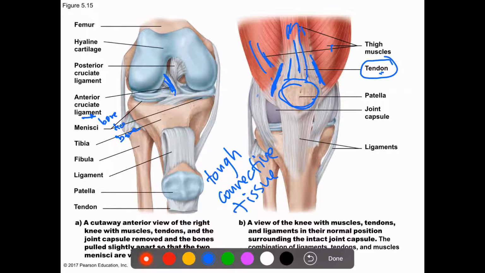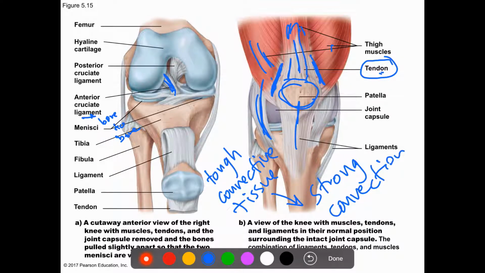We need very strong connections between the bones and between the muscles so we can move. So these provide a very strong connection, but yet it is flexible. It is a flexible connection between these bones. And in general, these muscles will stabilize the joint itself.